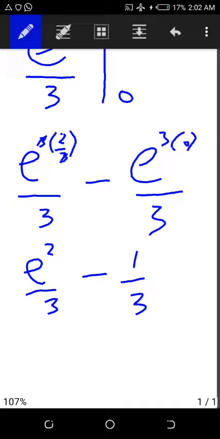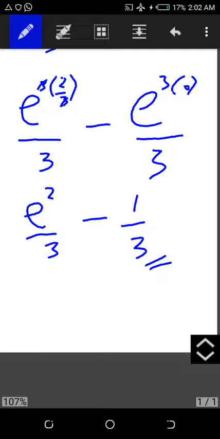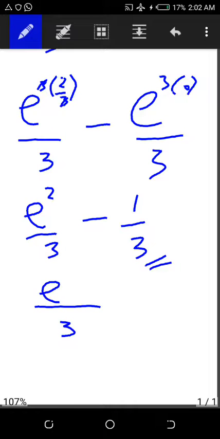So we might leave our answer like this, or we can simplify further and use our LCM to join them together. What we have is over 3, e raised power 2 minus 1. So either of them can serve as your answer.